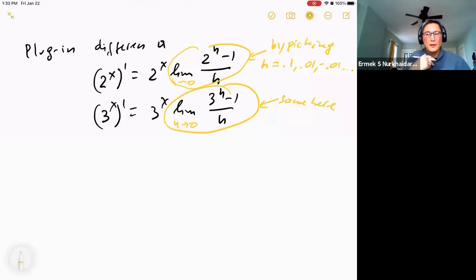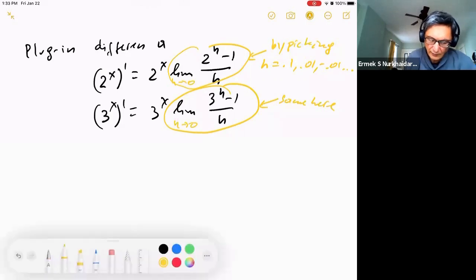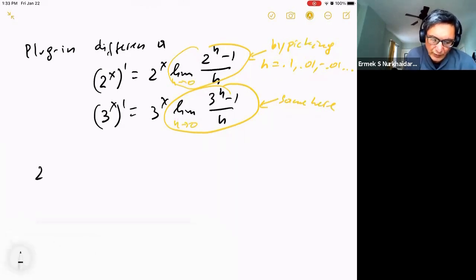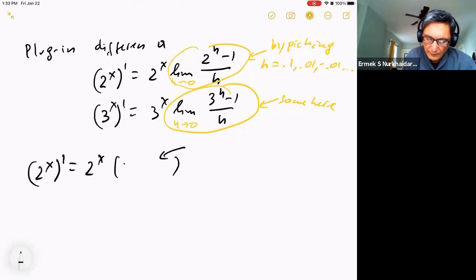Okay. So what it turns out, if you do that, then derivative of 2 to x is going to be 2 to x, and here the number will be slightly less than 1. Okay.